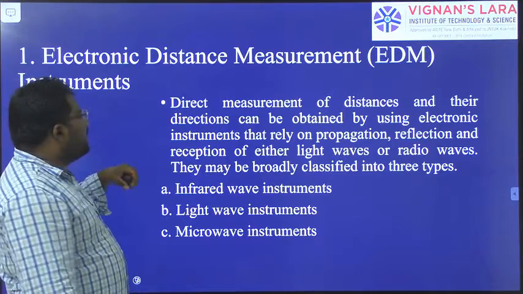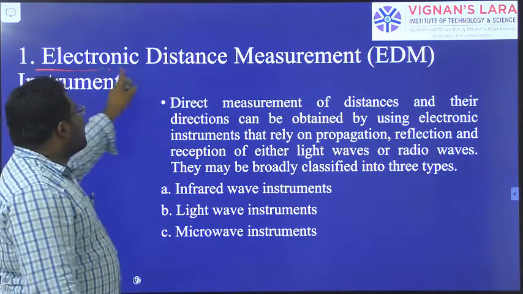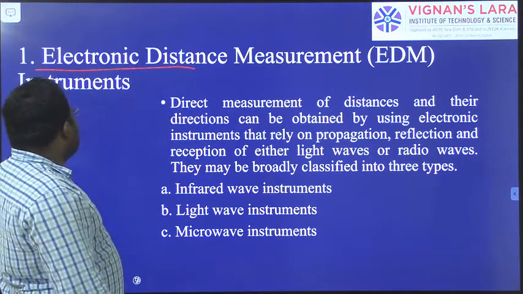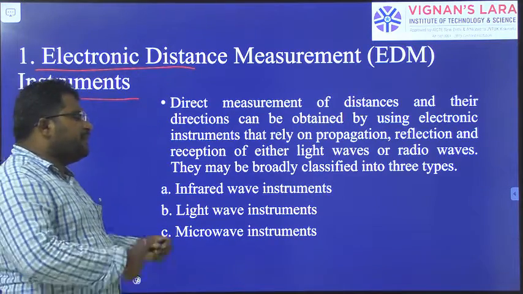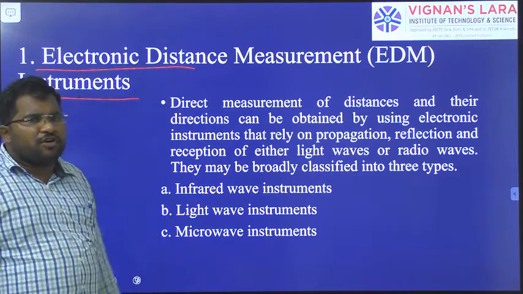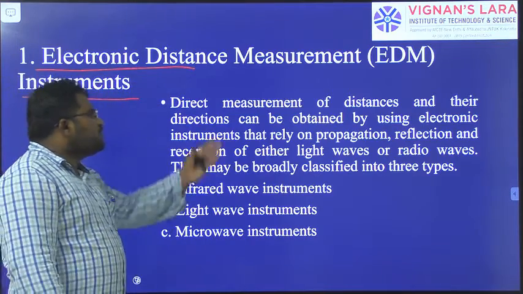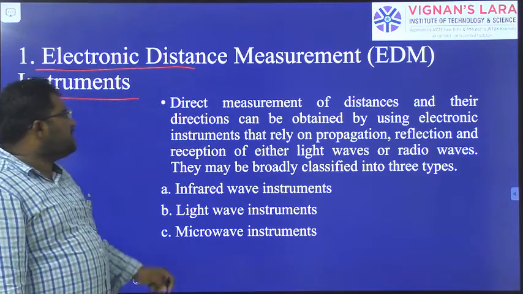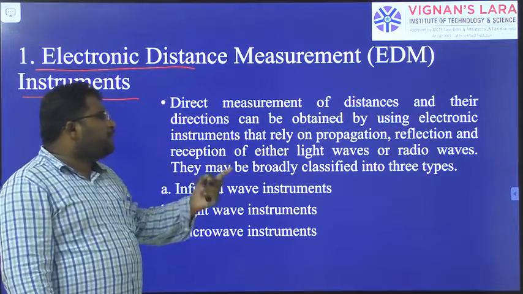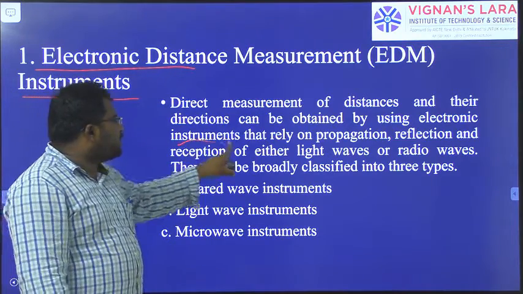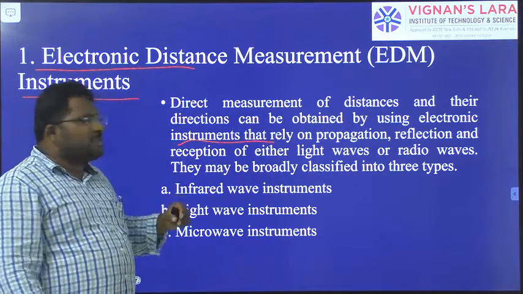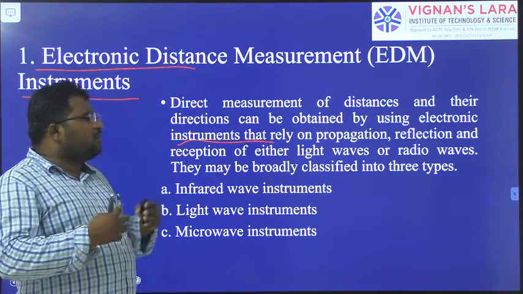Next, now you are going to enter the topic of electronic distance measurement, EDM instruments. What are the different types of instruments we are going to use for electromagnetic distance measurement? Direct measurement of distances or directions can be obtained by using electronic instruments.